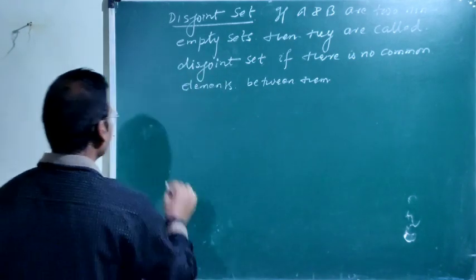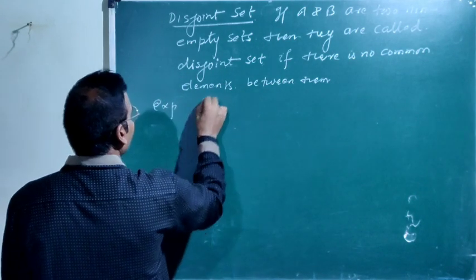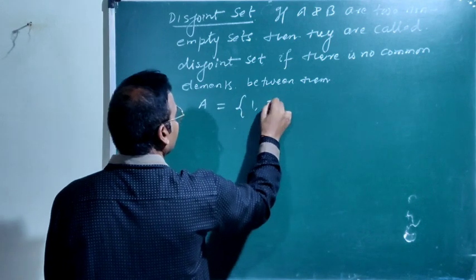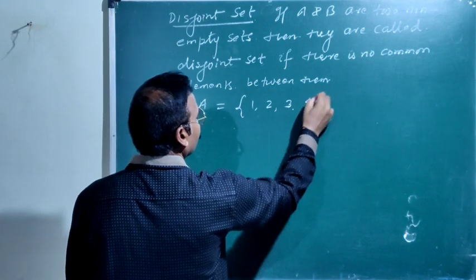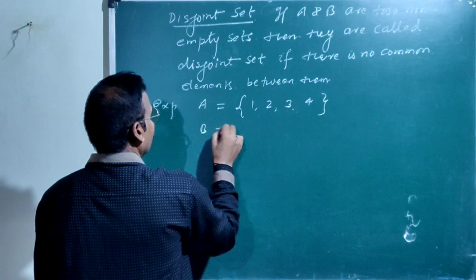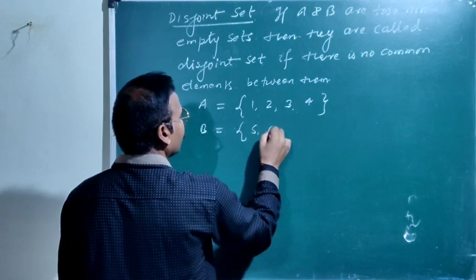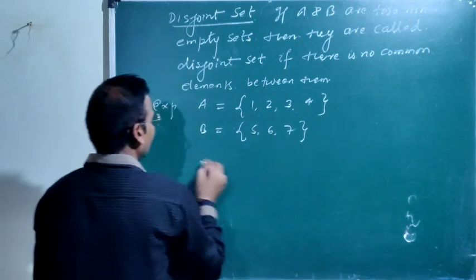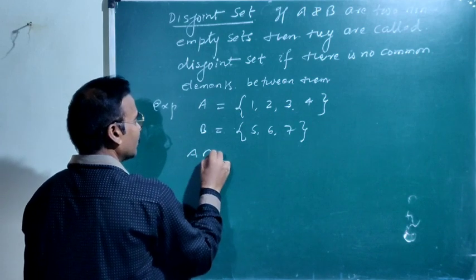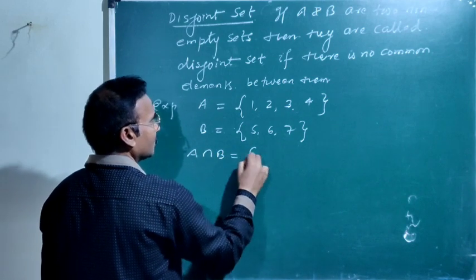For example, if A equals 1, 2, 3, 4 and B equals 5, 6, 7. Now what is A intersection B?